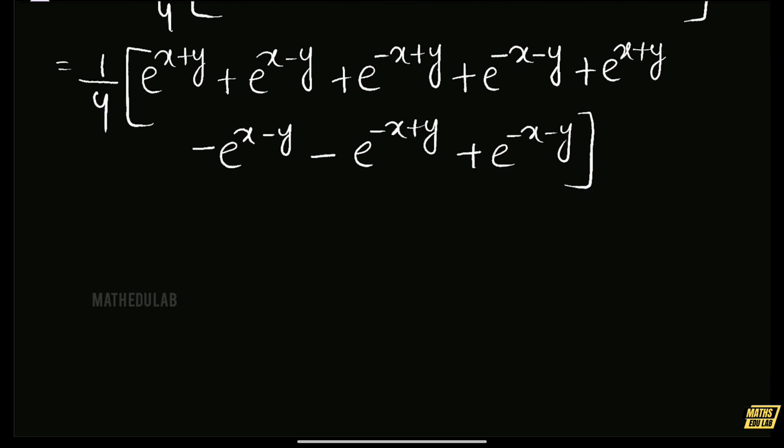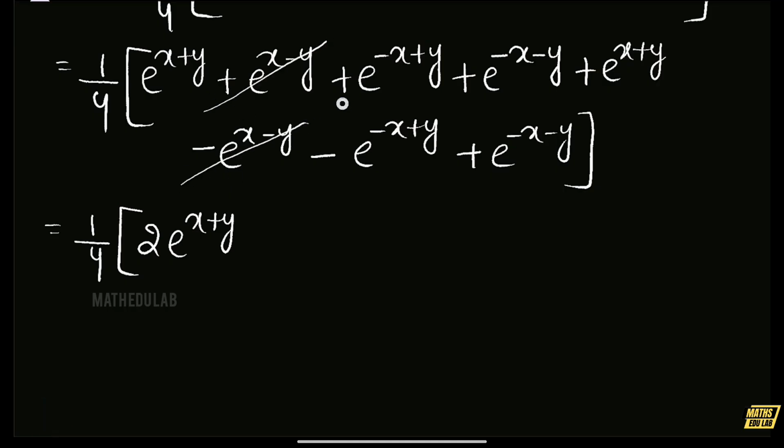Now let's check where the values get cancelled out. If you see, e to the power x plus y, a positive term and a positive term, so 1 by 4 times 2 e to the power x plus y. Then the positive term of e to the power x minus y and the negative term get cancelled out here.